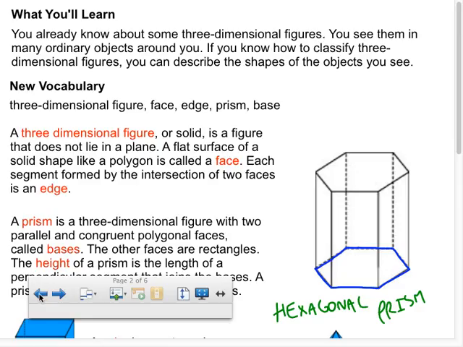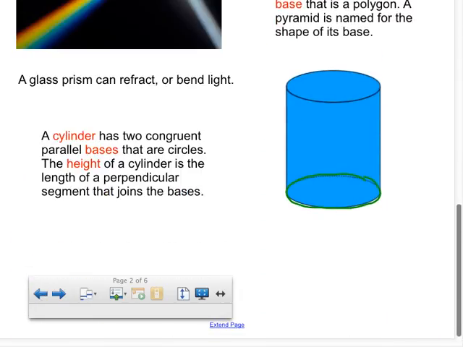There are some formulas for the cylinder, and in order for us to calculate the volume or the surface area of the cylinder, we need to know the radius as well as the height. You guys understand?